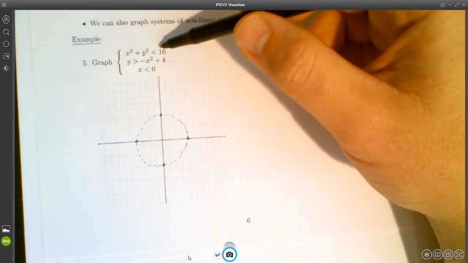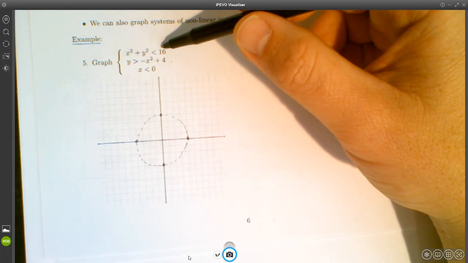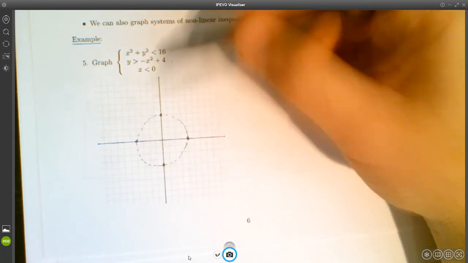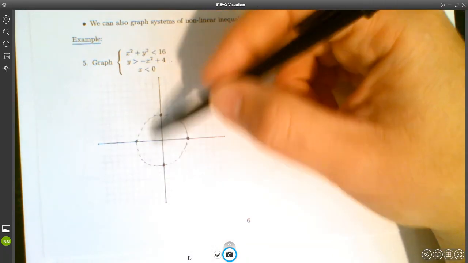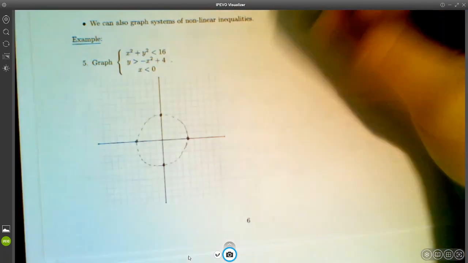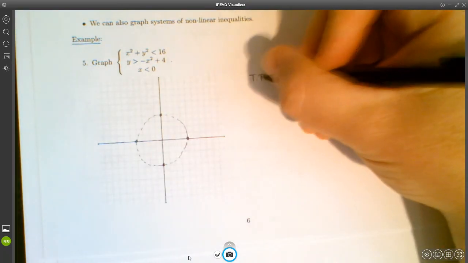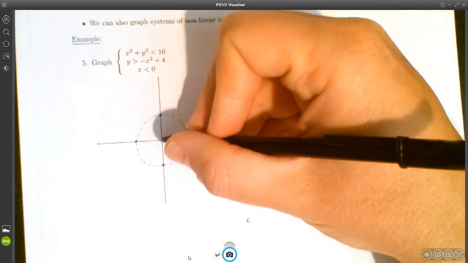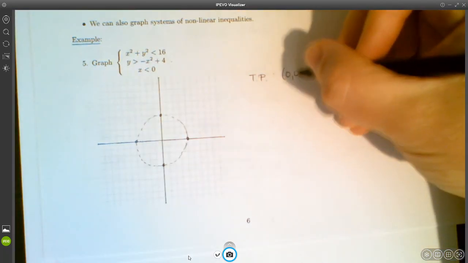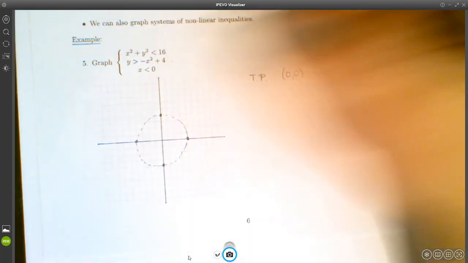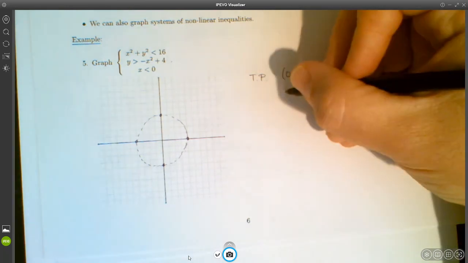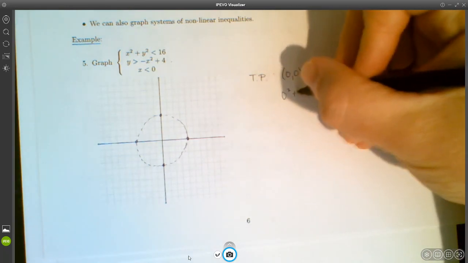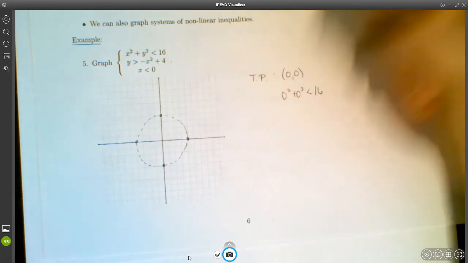Now to figure out where to shade, we need x squared plus y squared to be less than 16. So I have a feeling that means we're going to be shading on the inside of the circle. But just to be sure, we can plug in a test point like 0, 0, as long as it's not on the boundary. If I plug in 0, 0, I get the statement 0 squared plus 0 squared is less than 16, and I want to know if that's true.